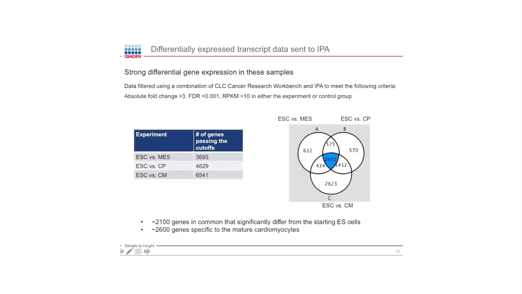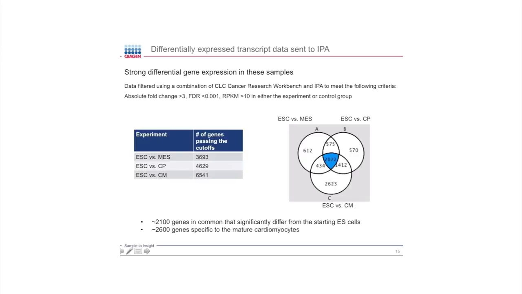Even after doing that fairly stringent cutoff, you see thousands of genes that pass in each case, with the strongest differential expression occurring at the end with the cardiomyocytes relative to the embryonic stem cells, as you might expect. This is a Venn diagram that you can make in IPA.